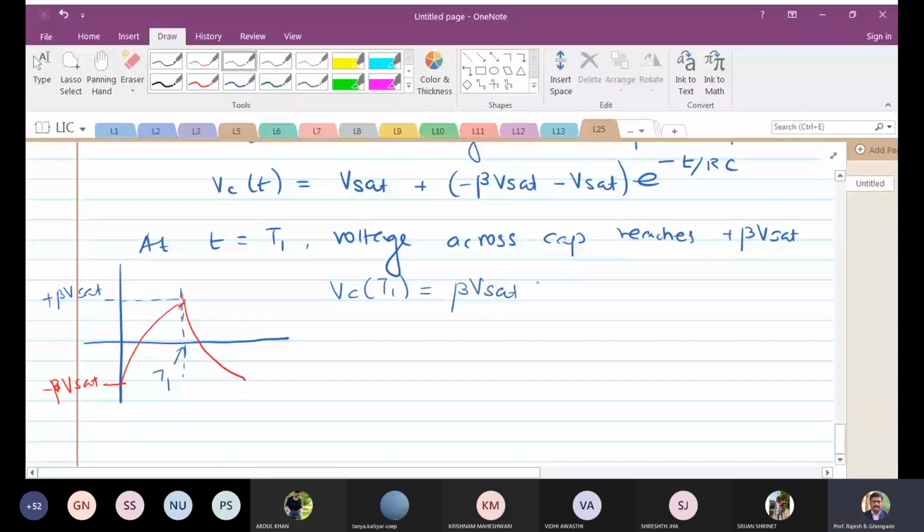So I can say that Vc at T1 is beta Vsat, which is equal to Vsat minus Vsat into (1 plus beta) e to the power minus T by RC.